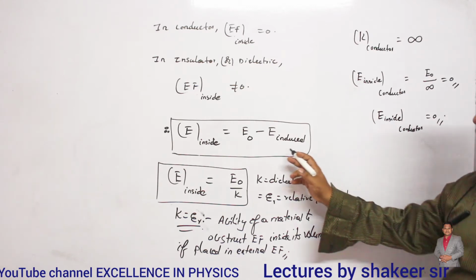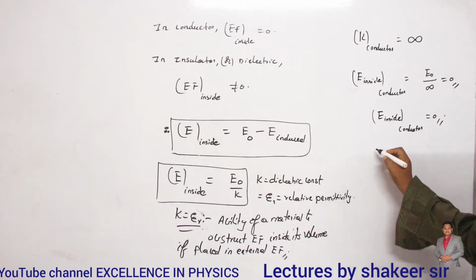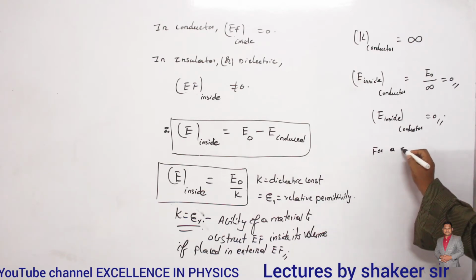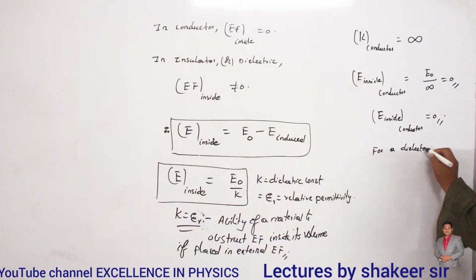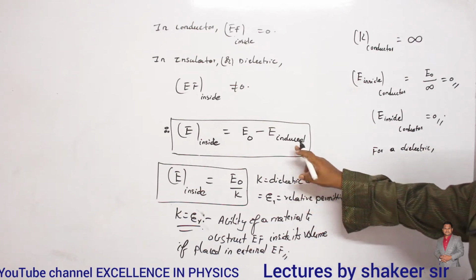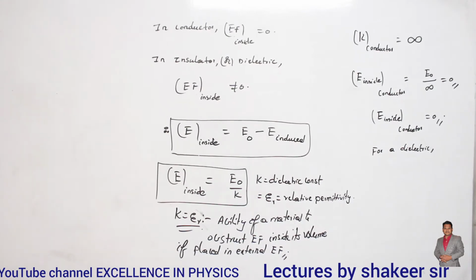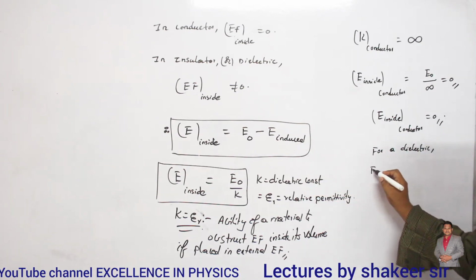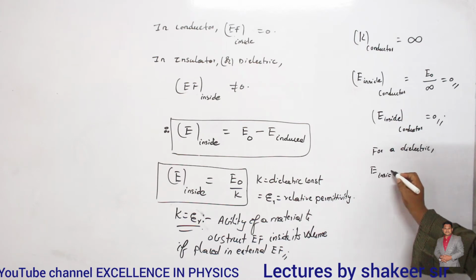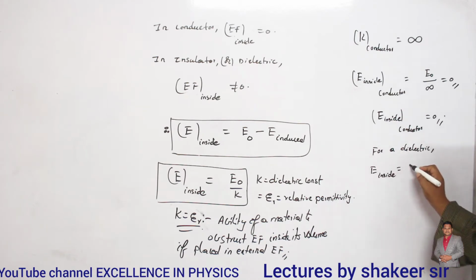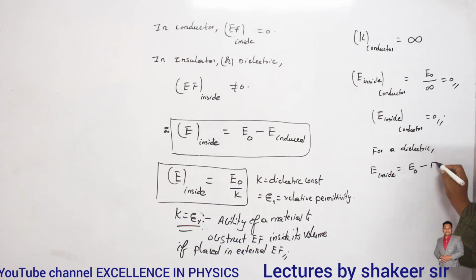So now, for a dielectric, we will do this calculation. For a dielectric, I can use this relation. I can write that the electric field inside a dielectric is equal to the external electric field minus the induced electric field.